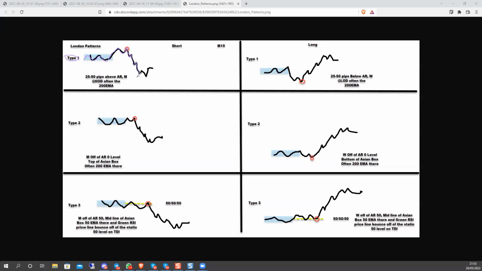And then we want to come out near the low of the day. Normally on M15 is London patterns, M15, for all of them pretty much. And then we look for the false move above for the sell, and then we look to trade away from the new high of the day.